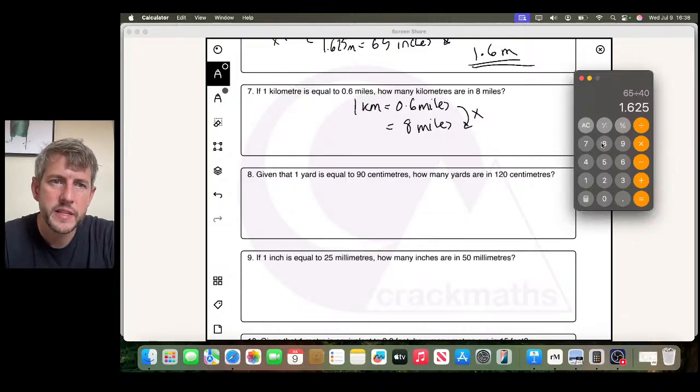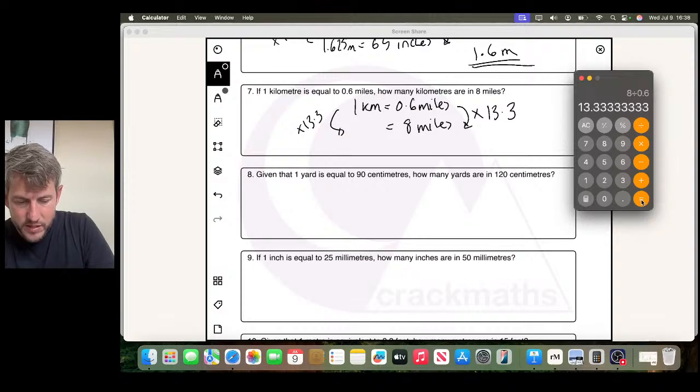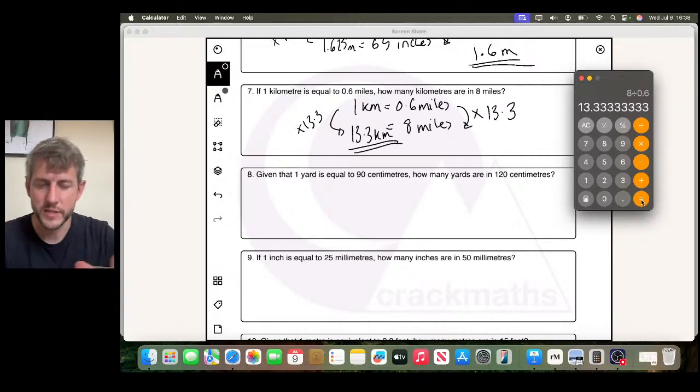So what are we timesing this by? In order to find out what we times 0.6 by to get to 8, we do 8 divided by 0.6. And that is 13.3. I'm just writing that because it wants 1 decimal place. So we times this by 13.3, which will be 13.3 kilometres.